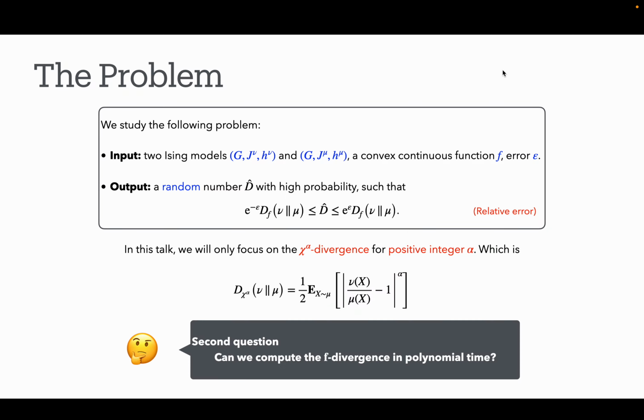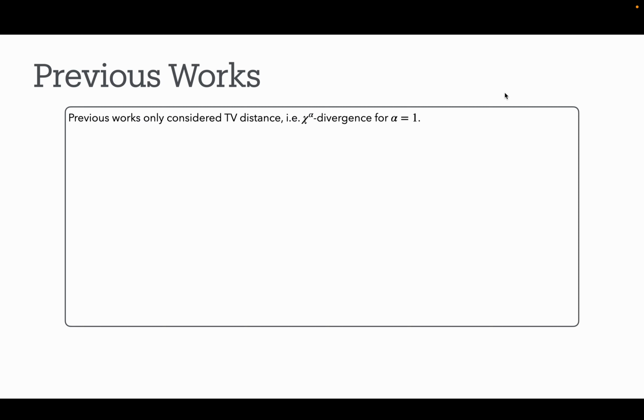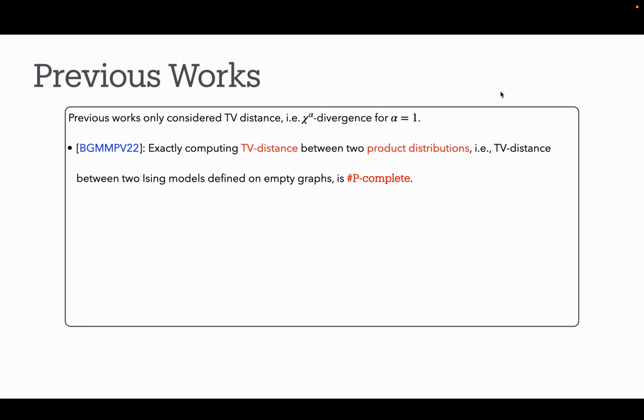Our second question is: can we compute the f-divergence in polynomial time? The previous works only consider the TV distance, which is the chi-alpha divergence for alpha equal to 1. In BGMMPV22, they show that exactly computing the TV distance between two product distributions is #P-hard, where a product distribution can be regarded as an Ising model on the empty graph with no interaction matrix.